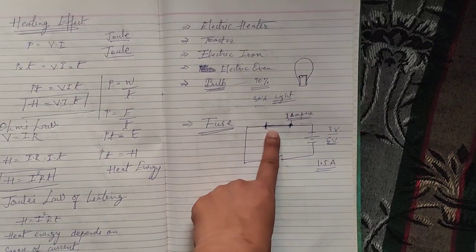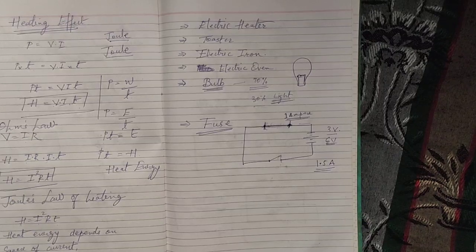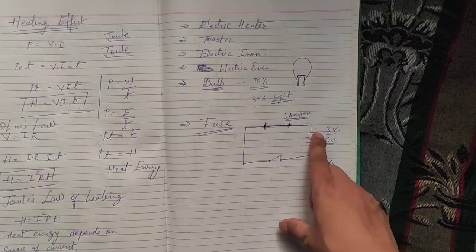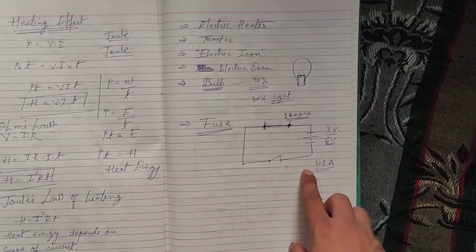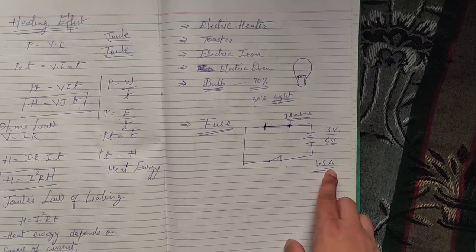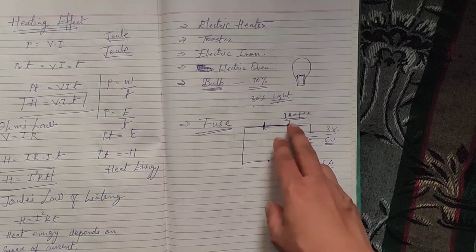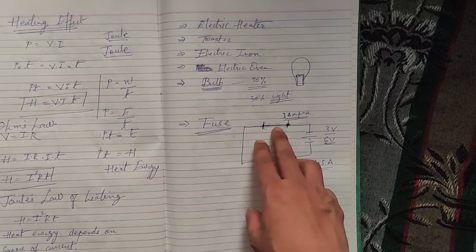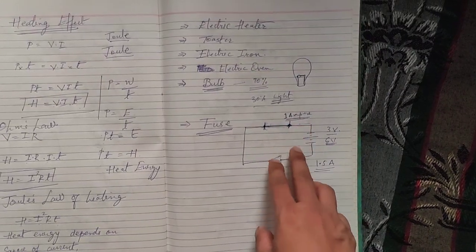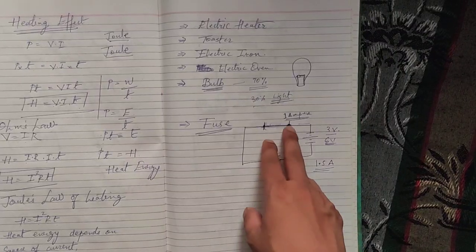And how it works is, it is a wire which is connected in your house through the main circuit and supply, and when more current passes through it instead of the required current, let's say 1.5 amperes, then this wire melts, because its maximum capacity is 1 ampere, so 1.5 ampere of current flowing through it is more than the required current.